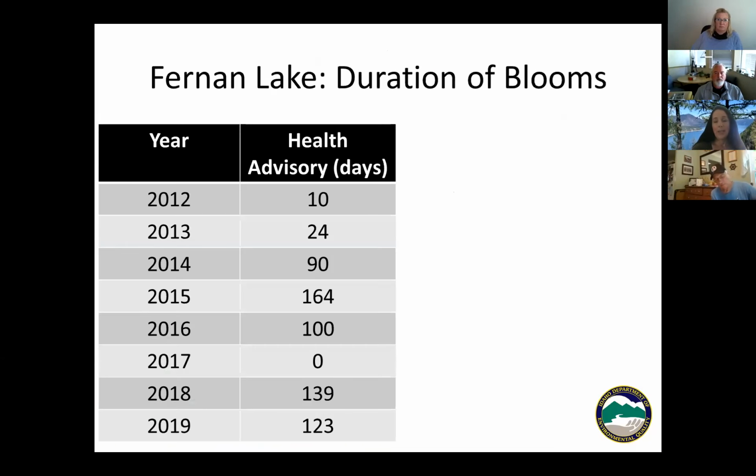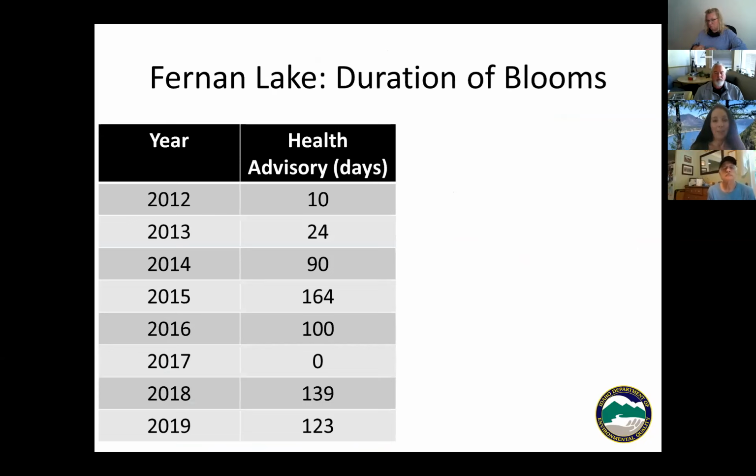All right, so like I said, many of the lakes in our region have experienced harmful algal blooms, but I'm going to highlight Fernan Lake because it is in a chronic blooming condition. We've been documenting ourselves. We really got our response to these blooms started in 2009, but in 2012 is when we really started doing the health advisories.